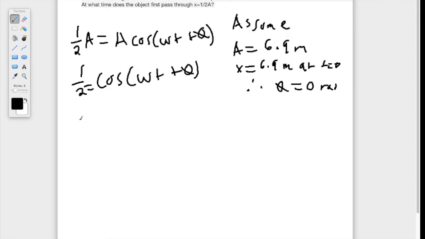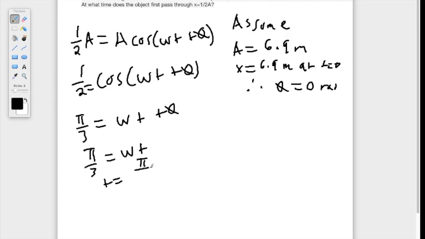The inverse cosine of 1/2 is just pi over 3. And then you get omega t plus phi. We know that phi is 0, so it's just pi over 3 equals omega times t. And then you get that t equals pi over 3 omega.